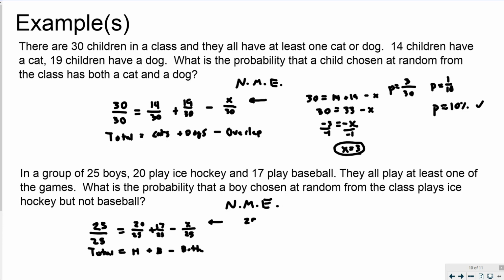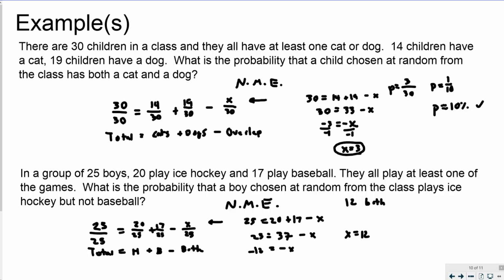So 25 equals 20 plus 17 minus X. So I get 25 equals 37 minus X. So you get negative 12 equals negative X. So as you saw before, that means X equals 12. So there are 12 boys that do both.